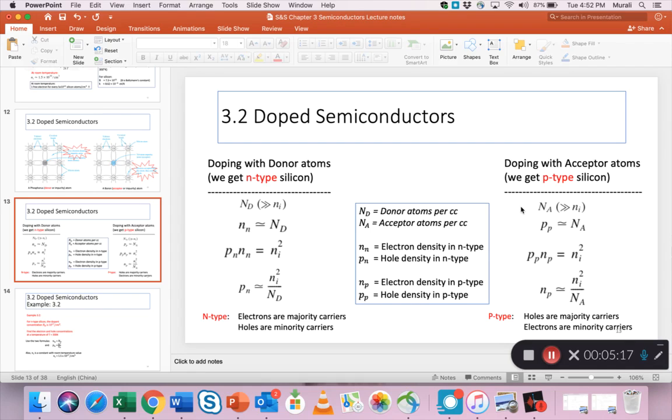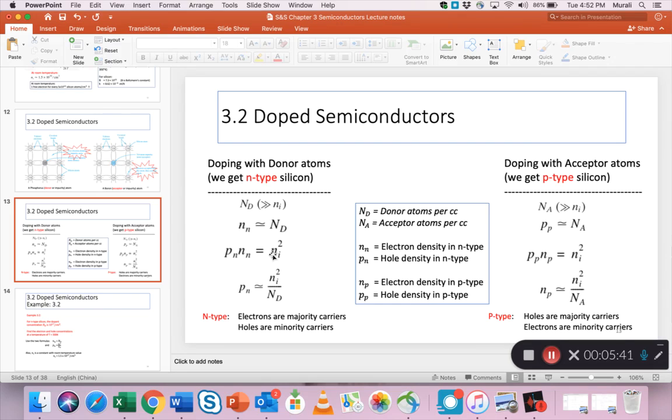Similarly, on the right side, Pp Np also equals Ni square. And this Ni square is generally considered a constant for a given temperature for silicon, and we use it a lot in solving problems. Okay, so remember that equation, and then the following equation on both the left and the right.